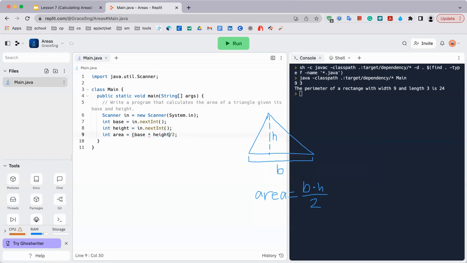Because once again, if I omit them, Java's going to think we just want the base times half of the height. It doesn't know we want half of the base times the height. So the parentheses help indicate this. Okay, now we calculate the area, and all that's left to do is print our output.